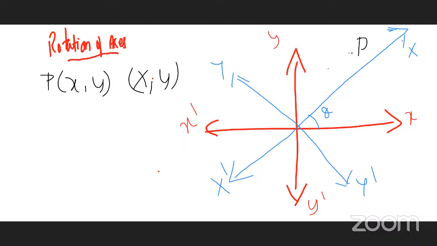So, like we did for the theorem on translation of axis, I will draw projections of this point to the x-axis and y-axis. First, I will draw to the new x-axis. For the old x-axis, I will call the foot L, and for the new x-axis, I will call it M. I am drawing the projections perpendicularly.